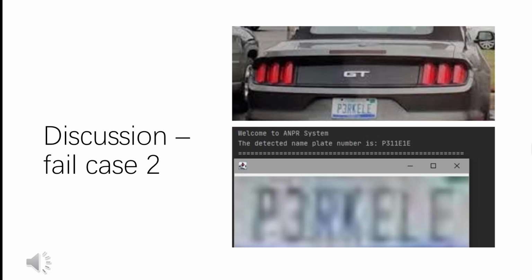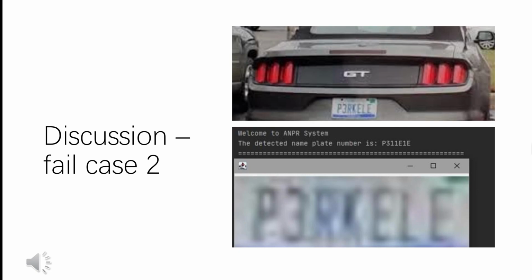The last failure case I want to mention is shown in the figure above. When the input image has a low quality, which means that the photo is very blurry, the ANPR program may output an incorrect result or cannot find the license plate at all. This problem cannot be resolved at the application level since most of the picture is not even human readable.